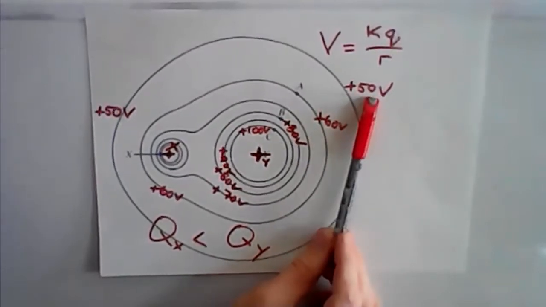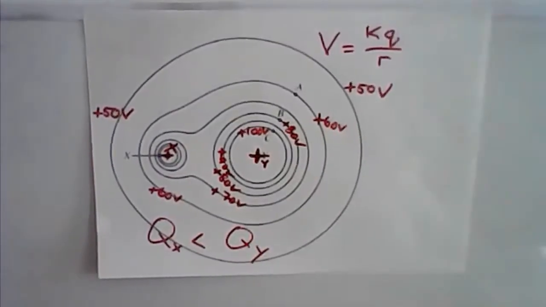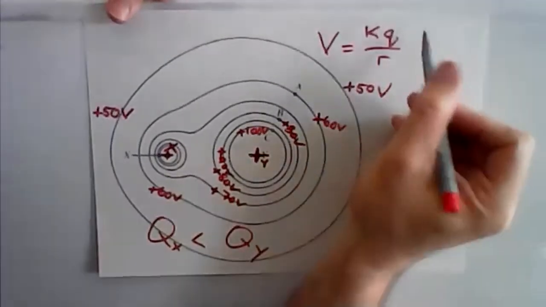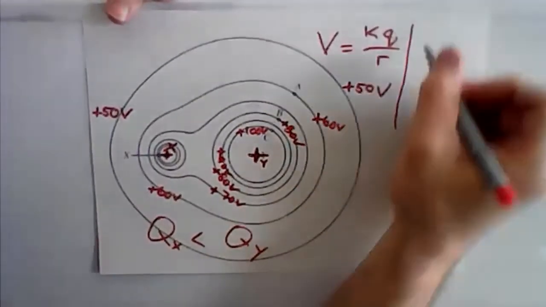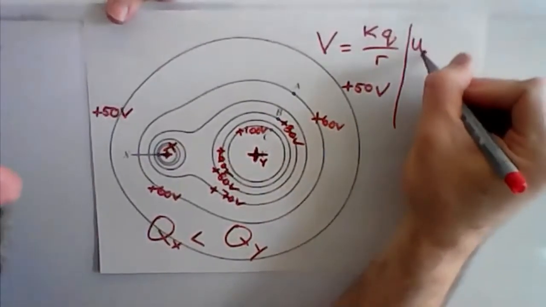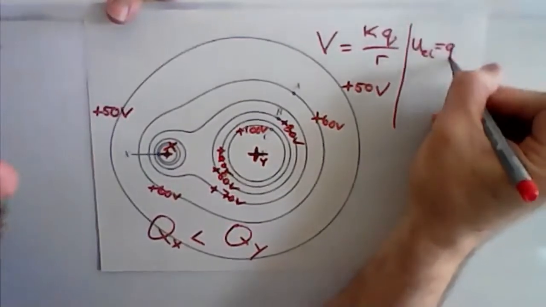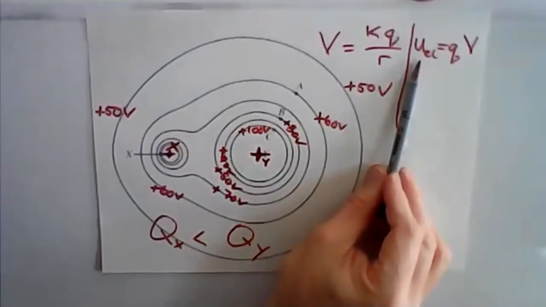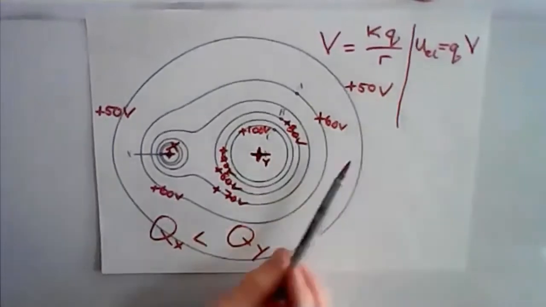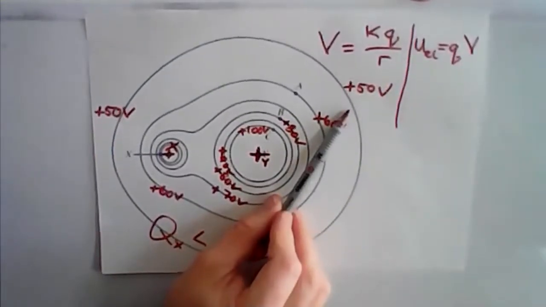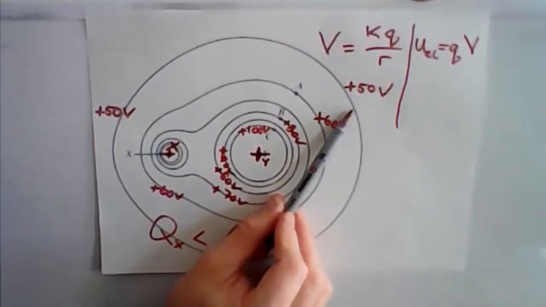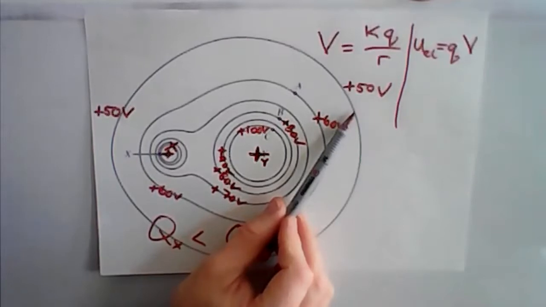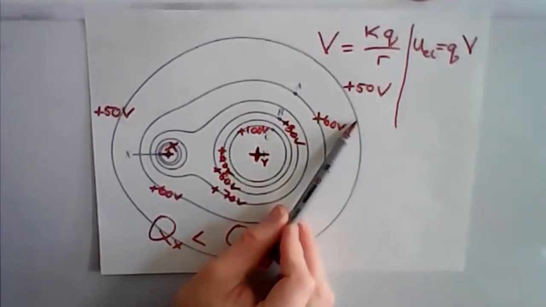Because the important difference, and I'll just remind you of that, electric potential is related to electric potential energy through this relationship: electric potential energy is Q times V. So if I were to place a charge at a potential line, like right here, for example, then its potential energy would be its charge times 50 volts at this point.